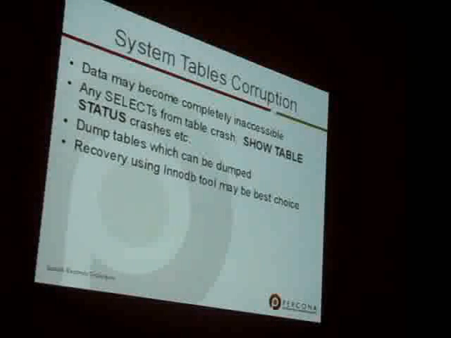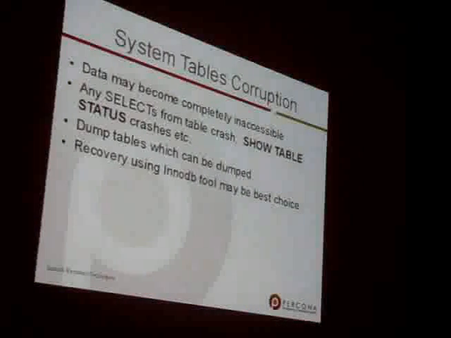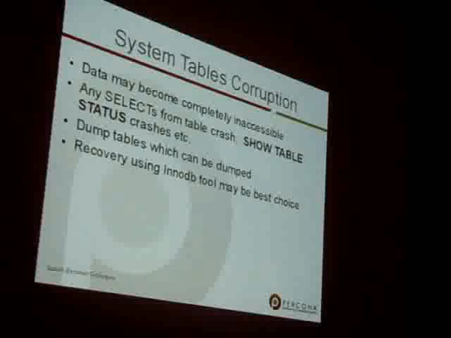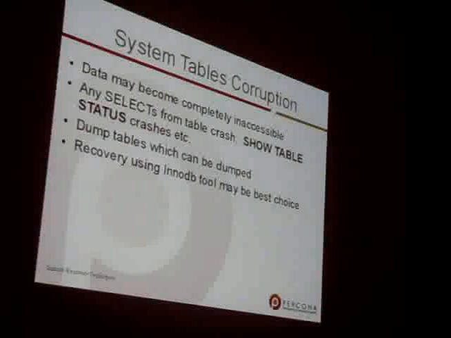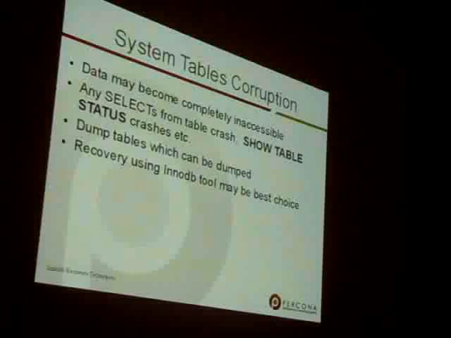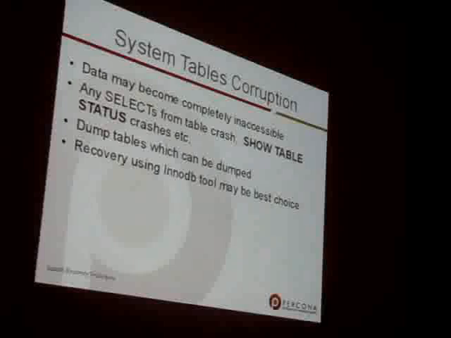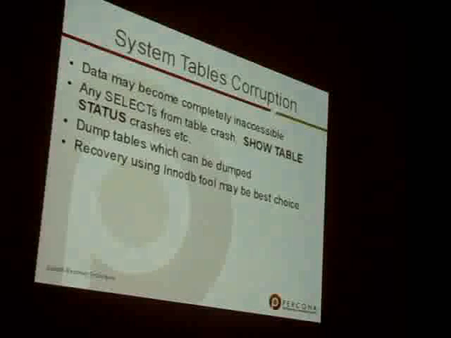InnoDB has a bunch of system tables which are not seen by the user, and the most important of them are SYS_INDEXES and SYS_TABLES, which pretty much tell the pages, okay, this is table A. And then another table says, okay, table A has so many indexes, and these are the root pages for those.